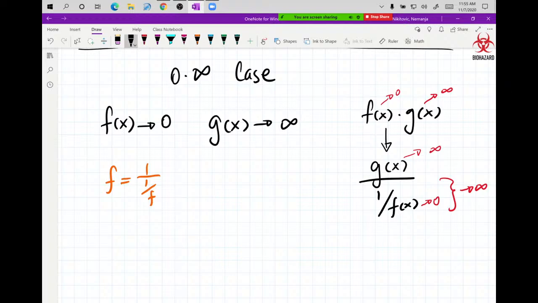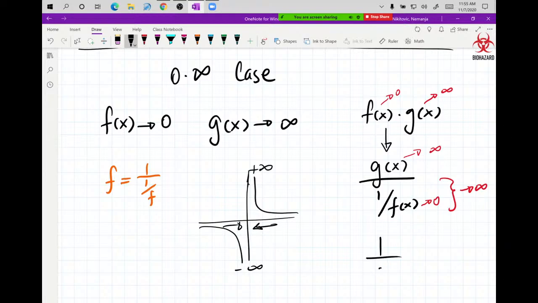And we know that 1 over 0 is going to infinity. Take a look at the 1 over x graph. I don't care which way you approach it from. If you approach from this side, you're getting positive infinity. If you approach from this side, you're getting negative infinity, right? So 1 over approaching 0 is going to be approaching positive or negative infinity, but it's infinity.